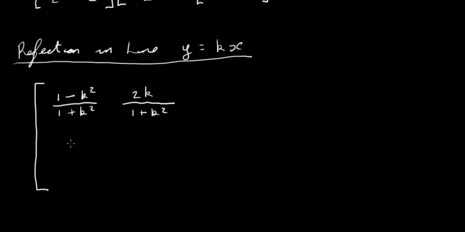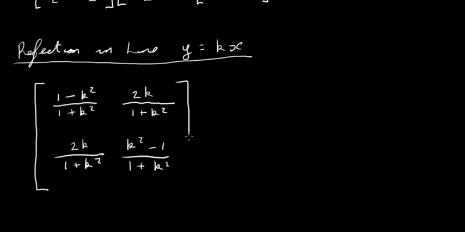Down here we've got 2k over 1 plus k squared, and here we have k squared minus 1 over 1 plus k squared. Okay, so it looks kind of complicated, but it's not really. These two here are the same. These two here are almost the same, with the 1 minus k squared just switched around. The denominators are all the same, 1 plus k squared. Okay, so this is what we're going to use.